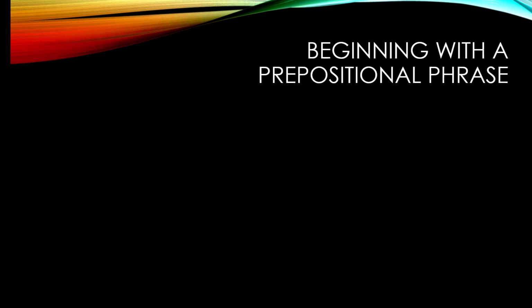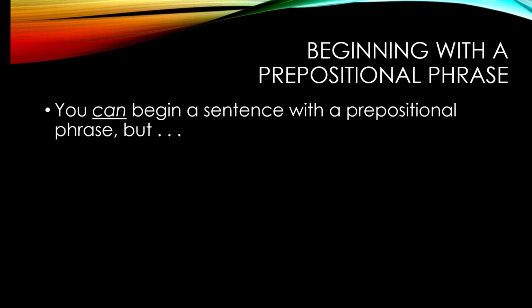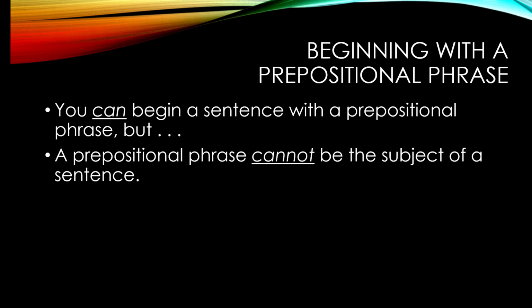Then we have our final problem with sentence structure, and that is beginning with a prepositional phrase. You can start a sentence with a prepositional phrase, but a prepositional phrase can't be the subject of a sentence. So in something, on something, of something, with something, those can't do anything.